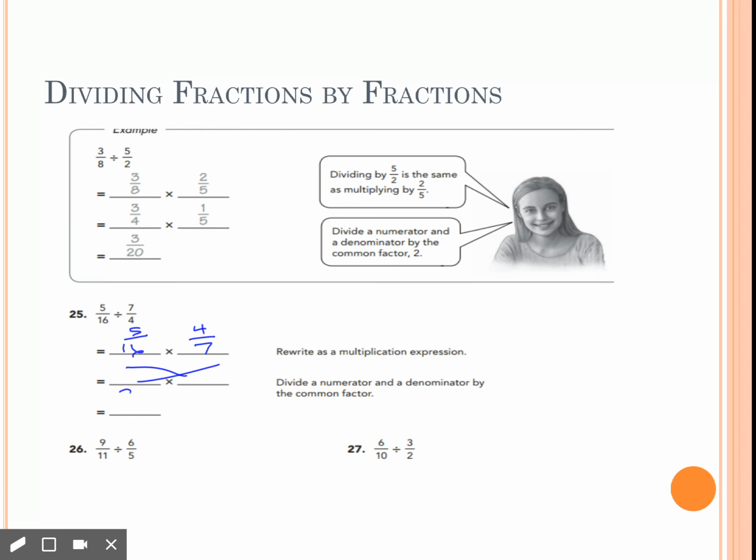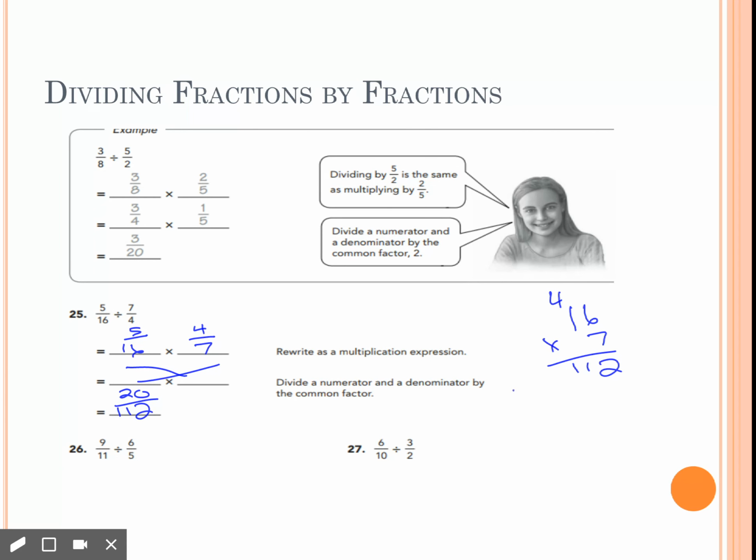5 times 4 is 20. 16 times 7 is 112. Okay. So now this is where I'm going to simplify and find the greatest common factor of 20 and 112.